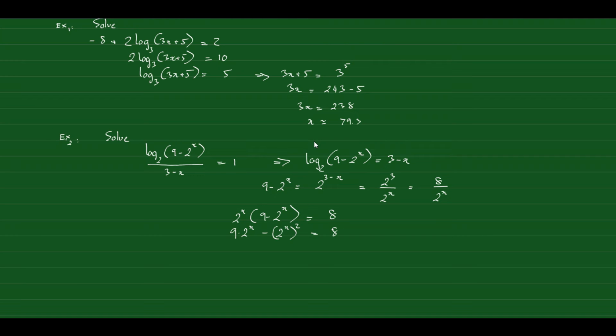I'm going to move it to the other side. So I have (2 to the x) squared minus 9 times 2 to the x plus 8 equals 0. Alright, originally we have a log, but now we can bring it to an exponential equation.